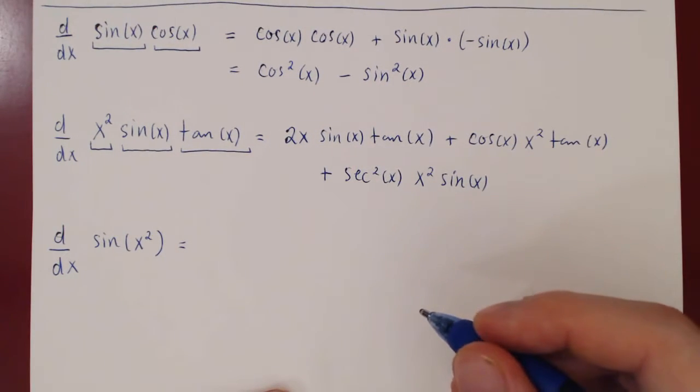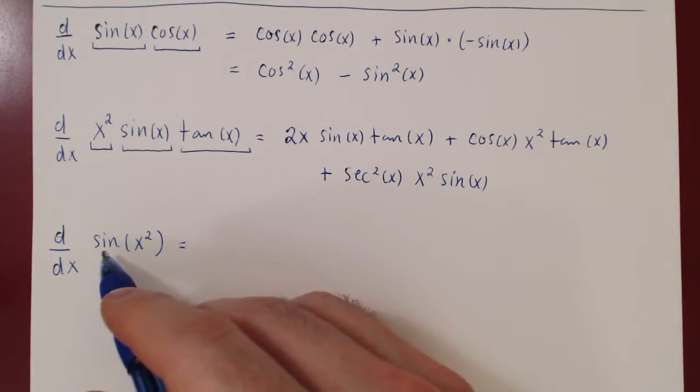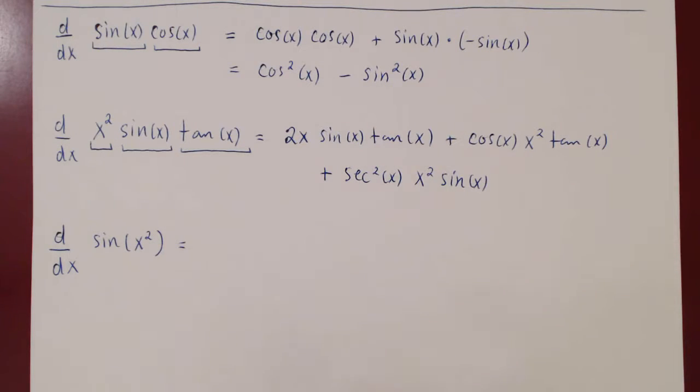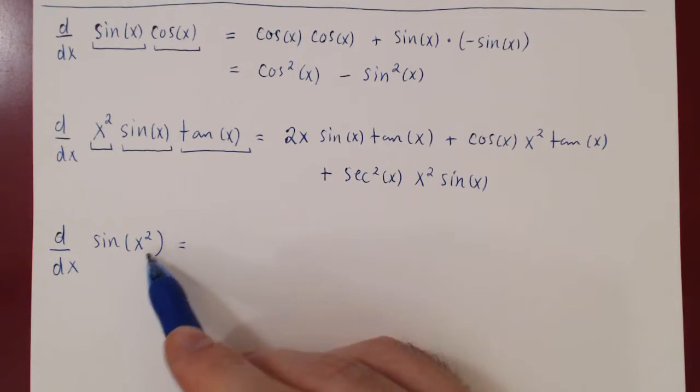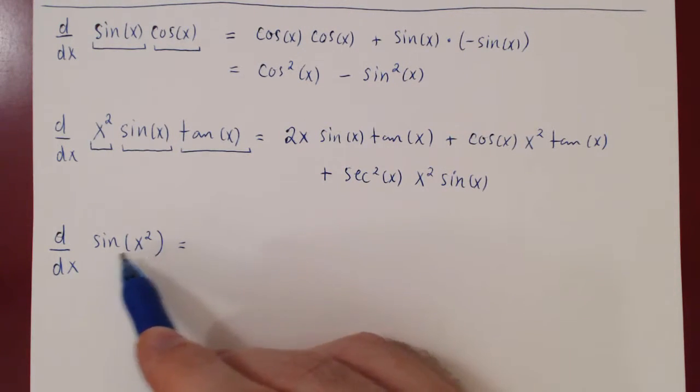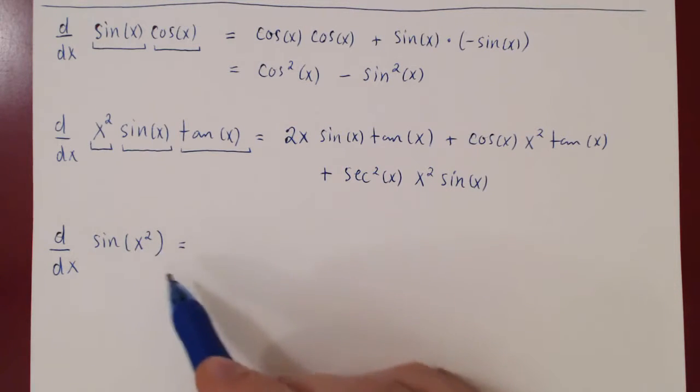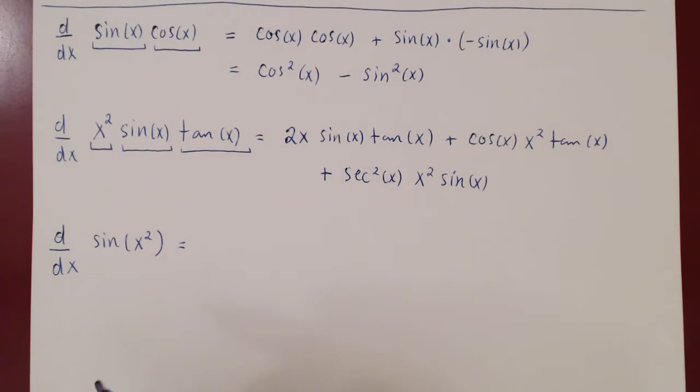Now we have a composition. This is sine of x squared. So think of it this way. If I give you a value of x and I ask to evaluate sine of x squared, well, you would first square x, then compute the sine of this value. So the outside function is sine.